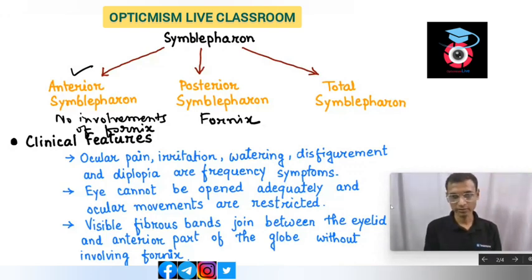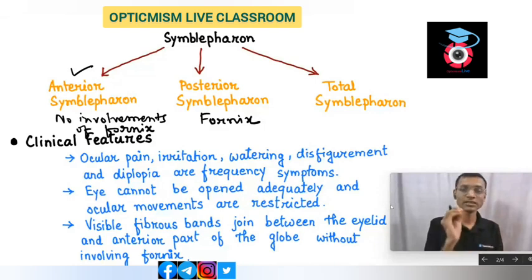I want to help you understand with an example. If we can pass a probe or any glass rod beneath the adhesions of symblepharon, then we can diagnose it as anterior symblepharon, because the fornix is not involved.